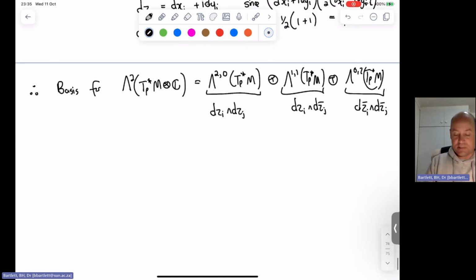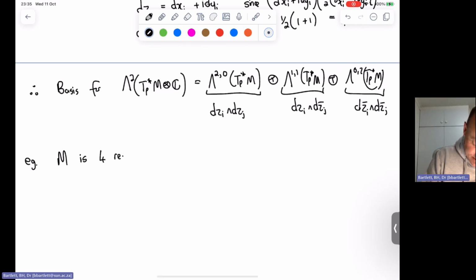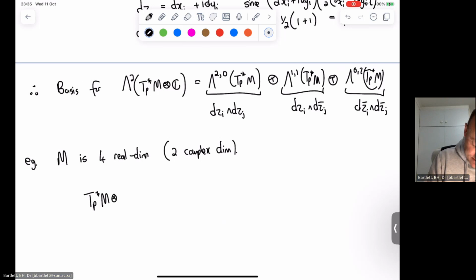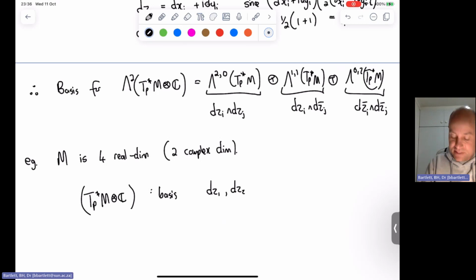Okay, so let's be clear. Let's say M is 4 real dimensional, so it's 2 complex dimensional. That means the complexified cotangent space is going to have a basis consisting of dz1, dz2. Those are going to be the 1,0 basis. And then you've got dz bar 1 and dz bar 2.